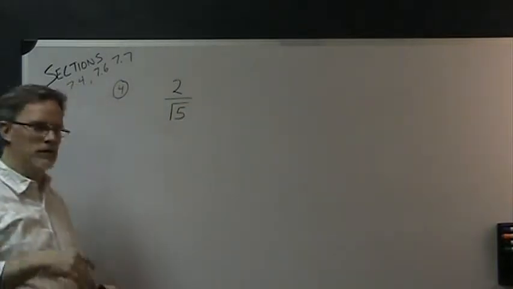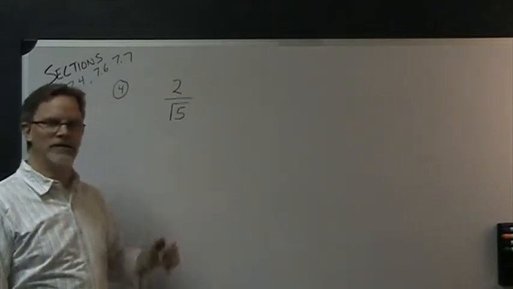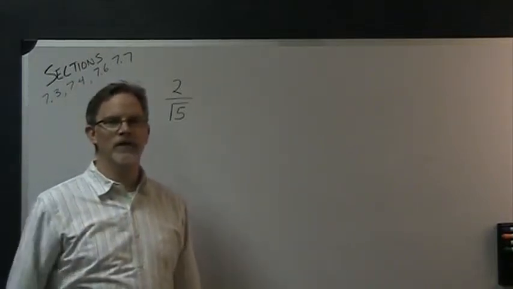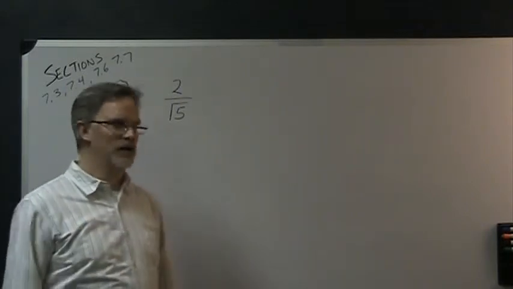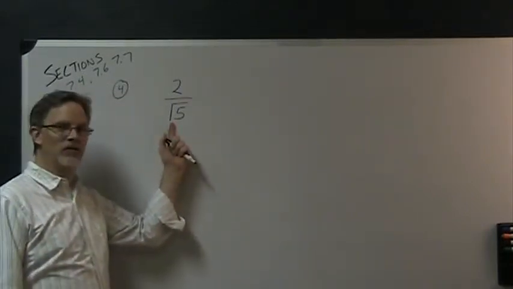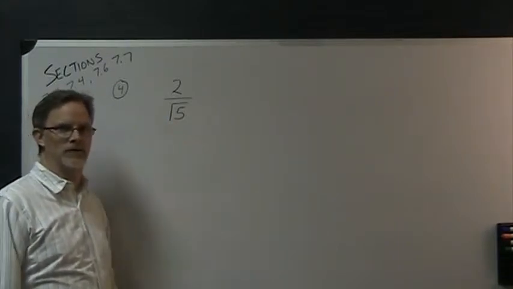If you're taking the test and you work a problem out and you get this to be the answer, this won't be one of the possibilities. Or if it is, it's a trick, because you can't have a radical in the denominator and have the final answer. This is not the most simplified form.